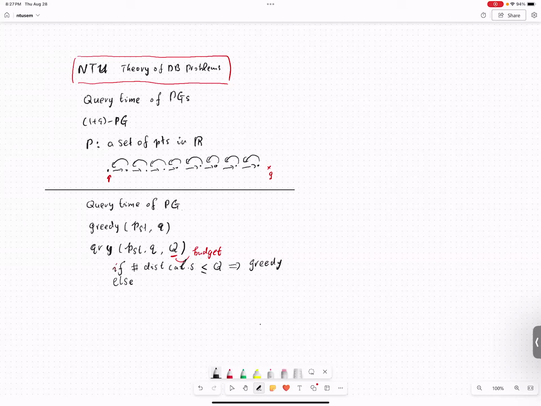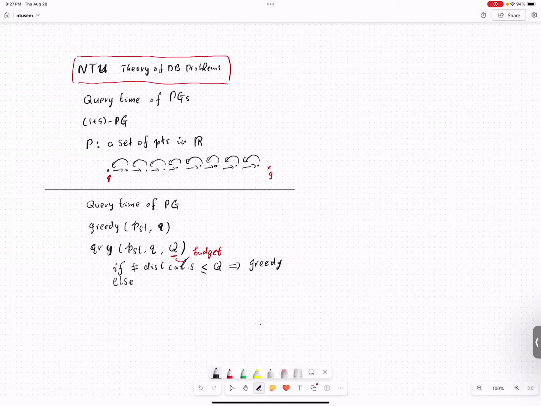From the last lecture, we know that every point in the proximity graph constructed by this ANN has out degree no more than 1 over epsilon to the power of lambda, times log delta. This is something we proved last time.